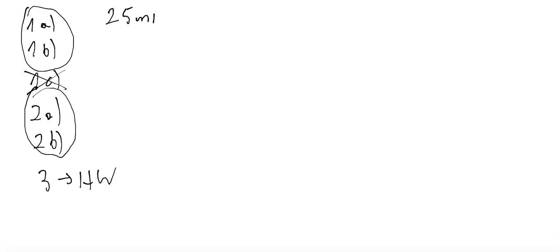Please stop the video for 25 minutes and try to do these 2 exercises except 1C. After 25 minutes, let's say 30 minutes, please turn the video back on, and I'll be solving with you and you will be checking. So please stop the video and start to do this.